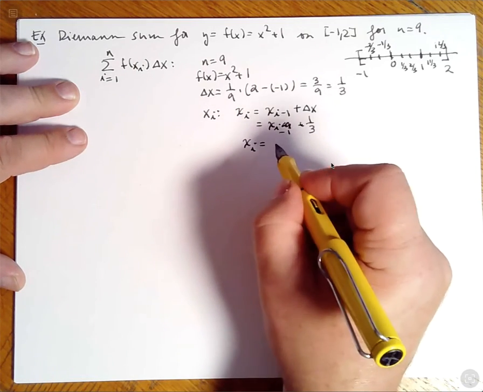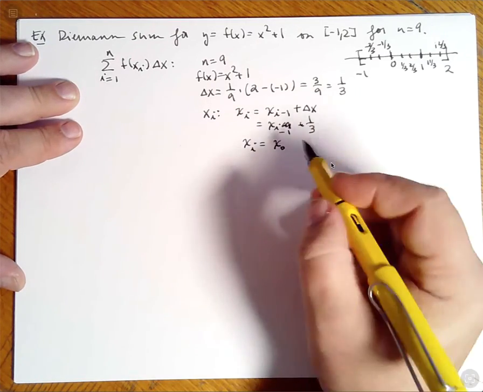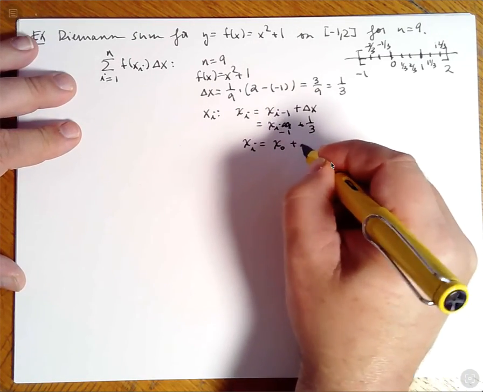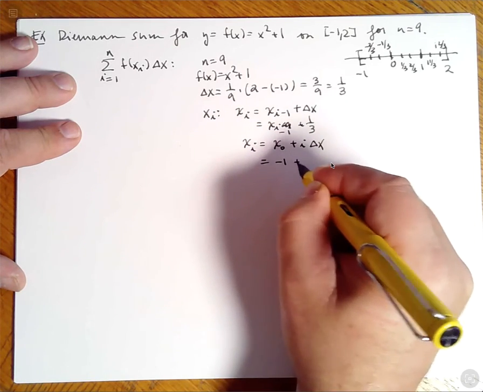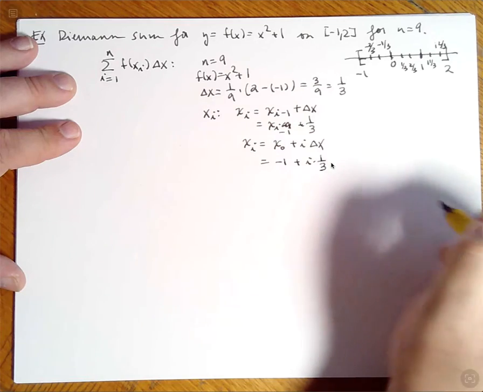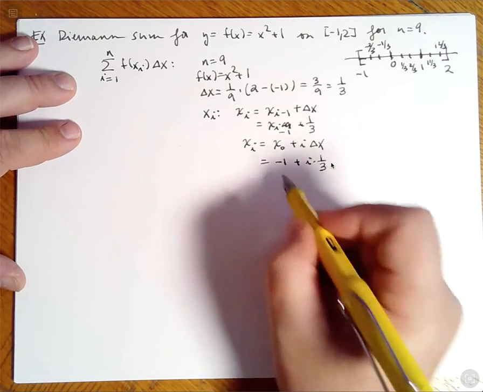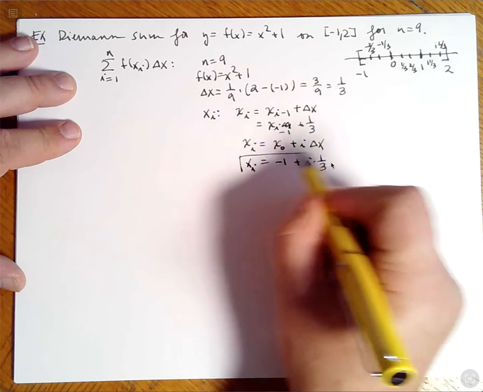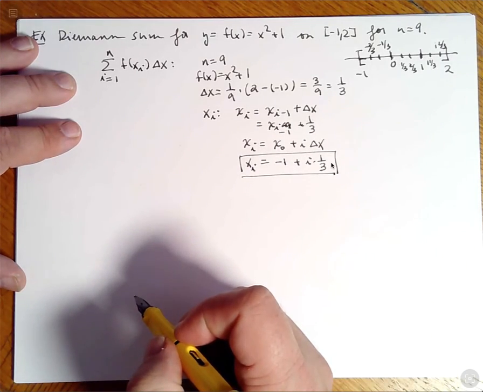But ultimately, the way we like this is we're going to start, say xi is the leftmost endpoint plus i times delta x. So in our case, that's minus 1 plus i times a third. That's what I want. And I think that's all we need.